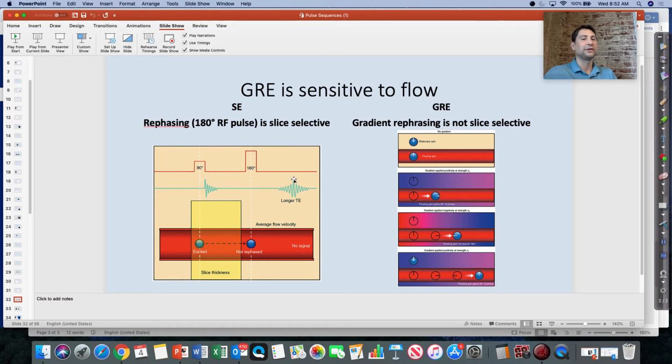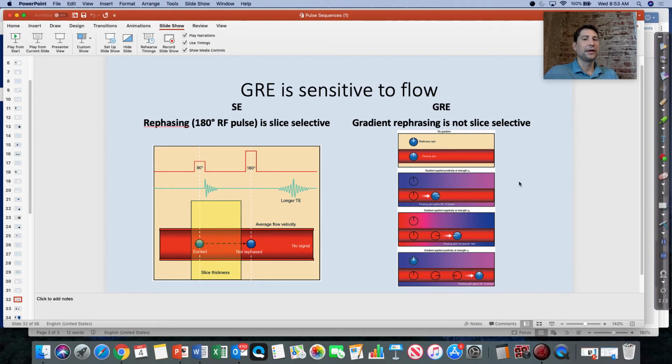So this little red blood cell gets zero signal on your MR image. But all the stationary tissues, which are outside the vessel, are going to get excitation and refocusing. But any type of moving spin is not going to get rephased. Okay? So this is why spin echo is limited in being able to visualize angiography.